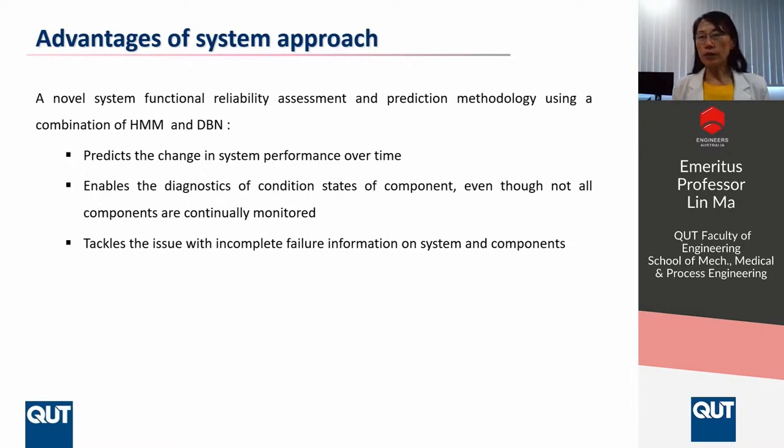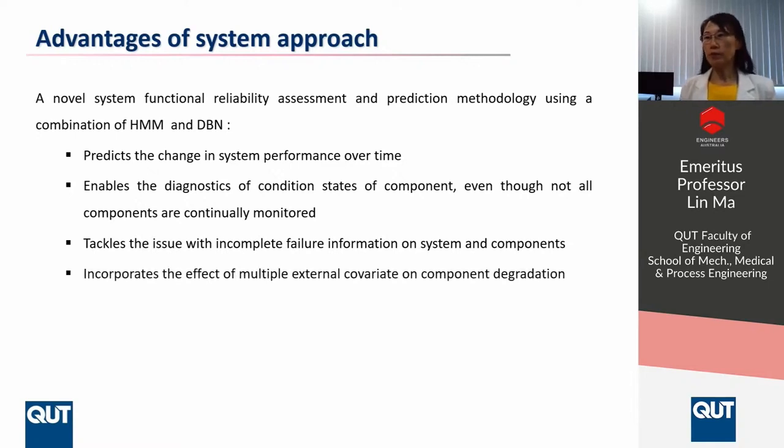And we also deal with the issue of incomplete failure information of the system and the components. So this approach can overcome a lot of those deficiencies. And we can use external covariates, so variables, that impact component degradation.